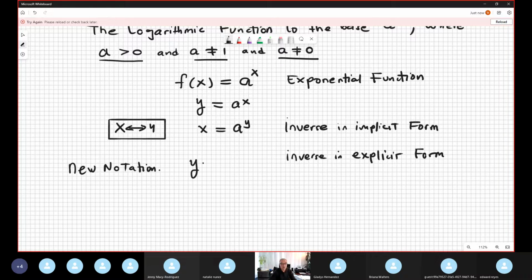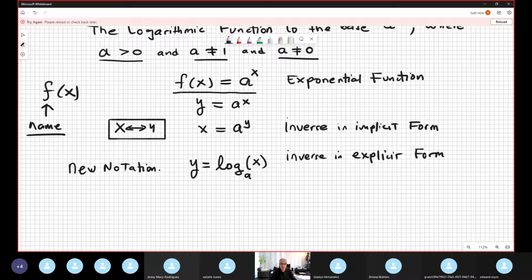Y alone is equal to the name of the function, that is log, the logarithmic function. You put a small number here that represents the base, and then the argument of the function, because basically this is like function notation, f of x. But the name of the function is log. The base, by the way, is the same base that comes from the hypothetical initial exponential function. And the argument, you put this.